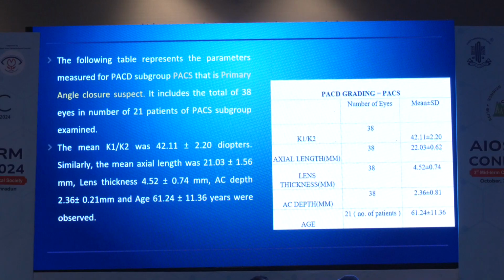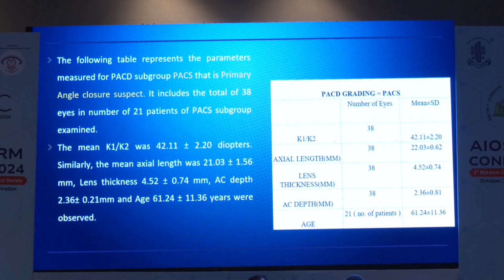So these are the risk factors and the PACD grading. This table shows the parameters of the PACS subgroup. The mean K1, K2 was 42.11 plus minus 2.20 diopters.